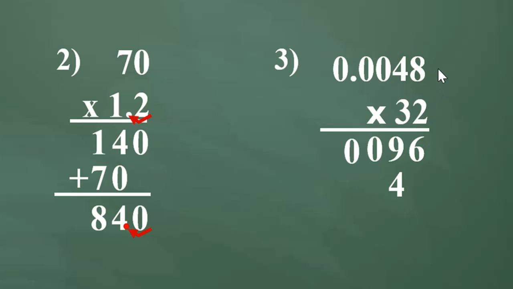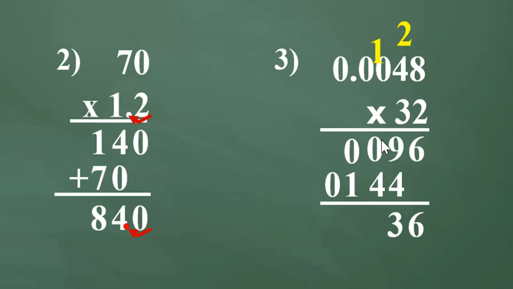Carry 2. Then 3 times 4 is equals to 12 plus 2 is equals to 14. Carry 1. Then 3 times 0 is equals to 0 plus 1 is equals to 1. And then 3 times 0 is equals to 0. Then add 6. 9 plus 4 is equals to 13. Carry 1. 1 plus 4 is equals to 5.